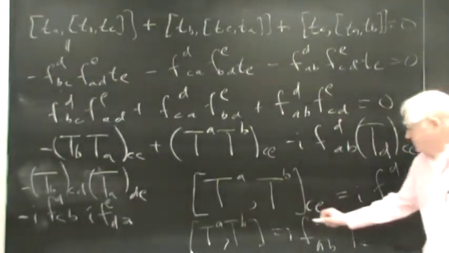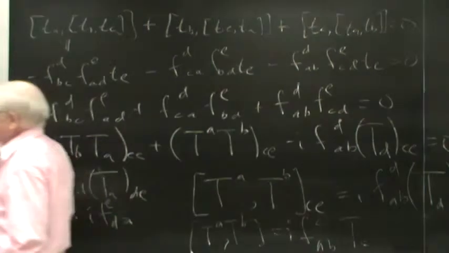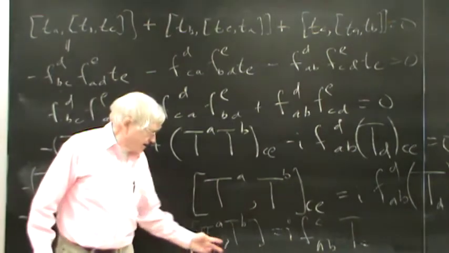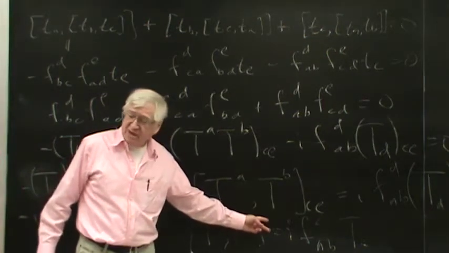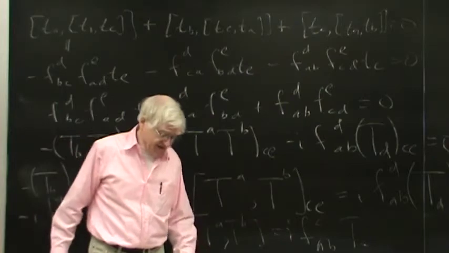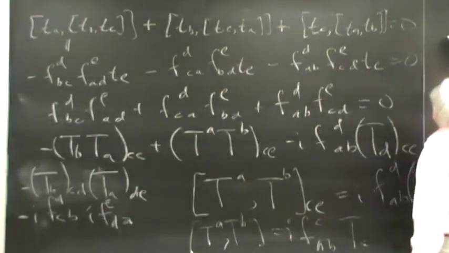In other words, the matrices that I defined in terms of the structure constants in this way, because of the Jacobi identity, these matrices obey the commutation relations of the group with the same structure constants. And this is a particular representation, and this is called the adjoint representation.